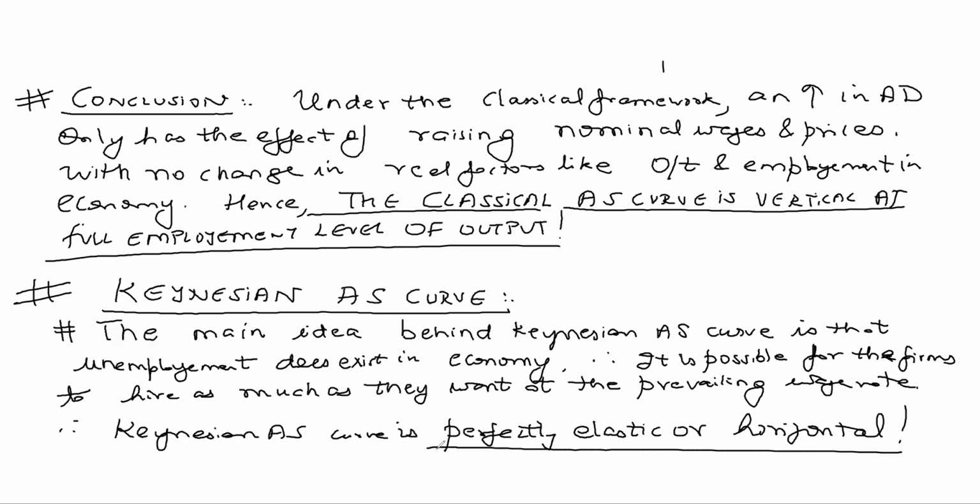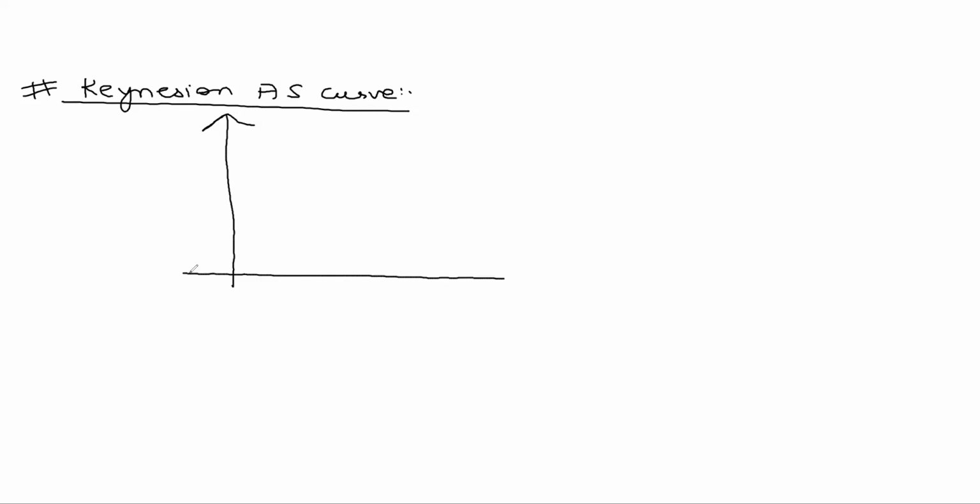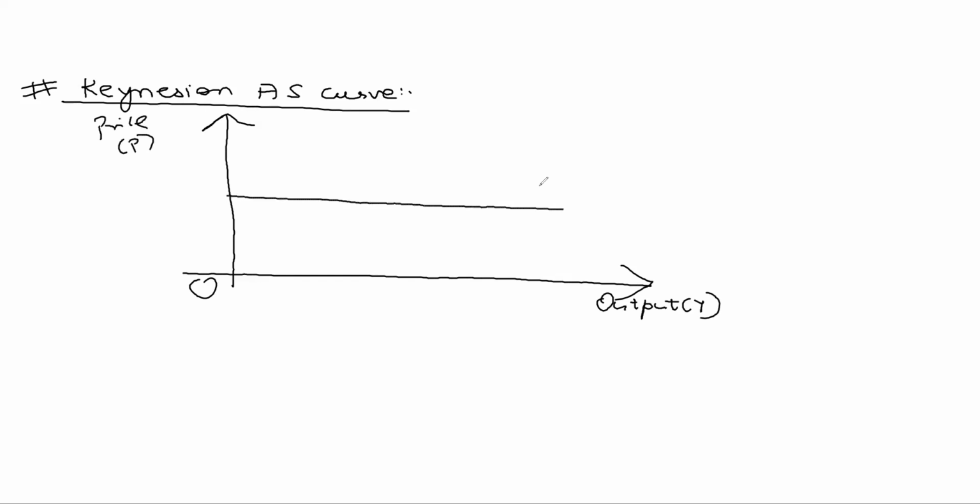So if I draw the Keynesian AS curve, it looks like this. Output, price, Keynesian AS curve.